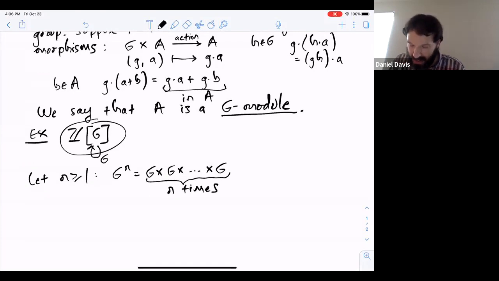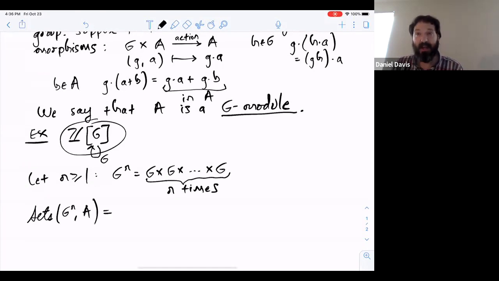Okay, and now I want to define the following sets, Map(G^n, A).